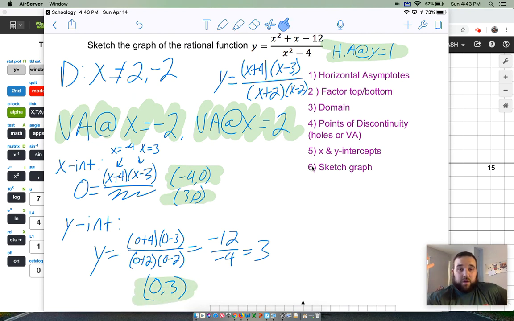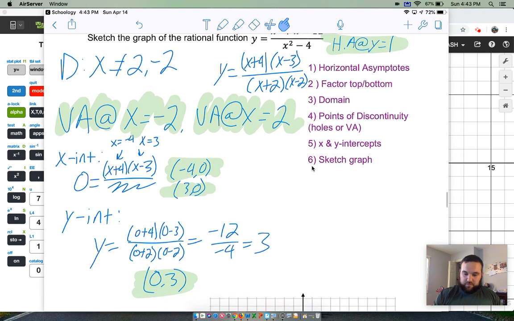So now we're going to sketch the graph. I'll be honest, you could plug this function into your graphing calculator right away and get an idea of what the graph looks like, and we are actually going to do that. But I need to see these characteristics. I need to see the work for them, and I also need to see these plotted on the graph.